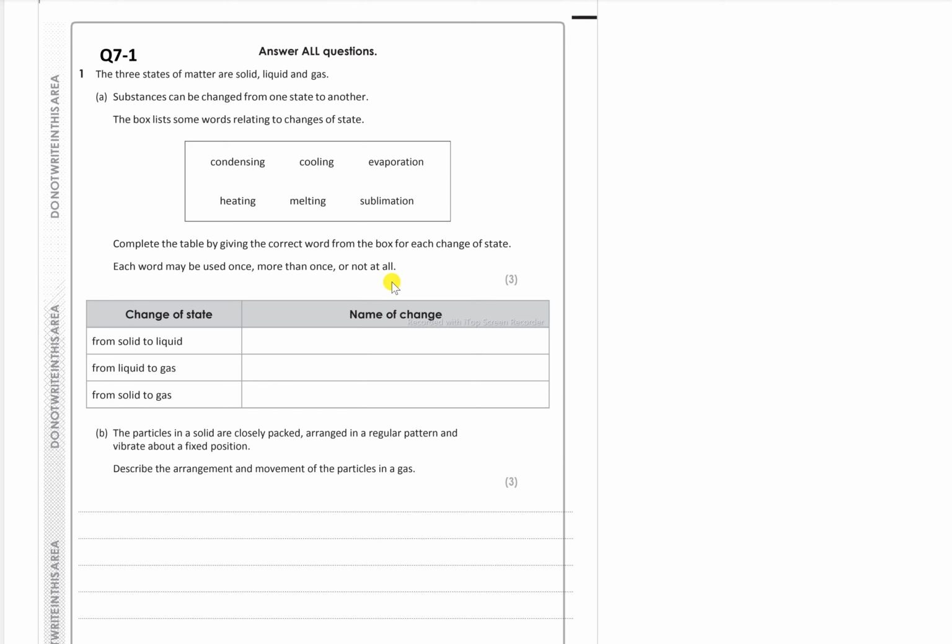You've got solid, liquid, gas. We've got to use these words. So if you go from solid to liquid, you are going to be melting. If you go from liquid to gas, okay, they've not put boiling, so evaporation is the next one.